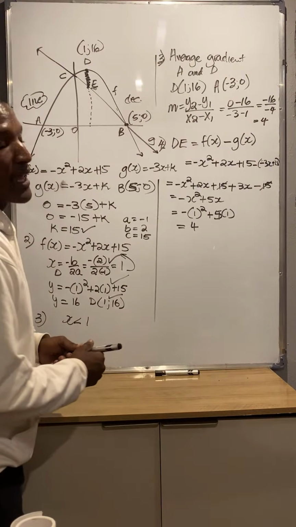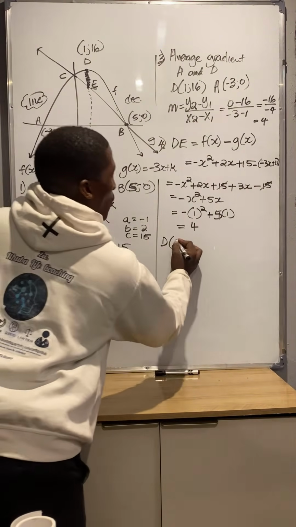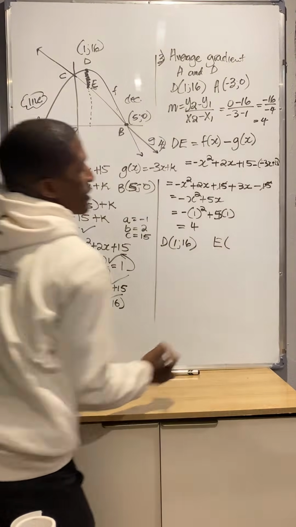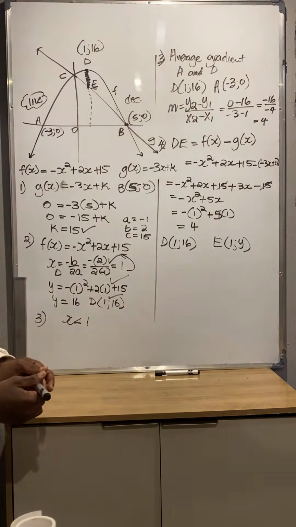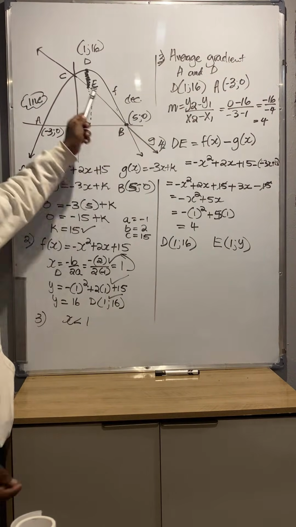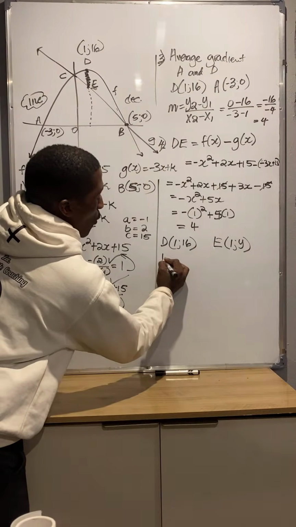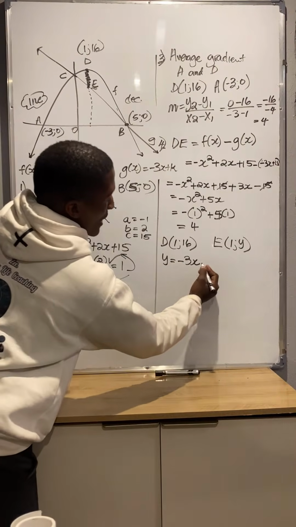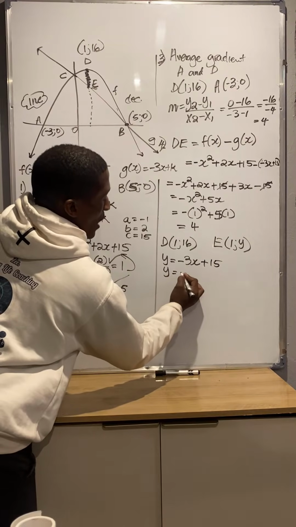Then, you had the coordinates of D in L1 as 16. You also had the coordinates of E, but because you have the equation of a line, E was on the line of G. So you simply say y equals minus 3x plus 15, then substitute 1.